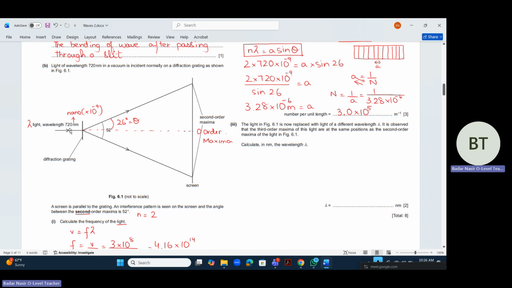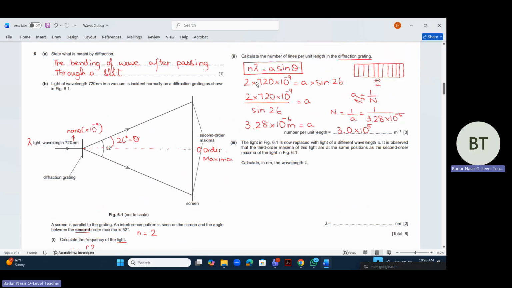Lambda is 720 nanometer. So nano को convert किया into meters multiplied with 10 की power minus 9. A is the slit separation which is to be found, and theta is the angle of diffraction which is 26. क्योंकि angle जो लेते हैं वो zero order से लेके second order के दरमियान का लेते हैं. So we can't use 52. Okay? We substitute the values in expression. We got the value of A.